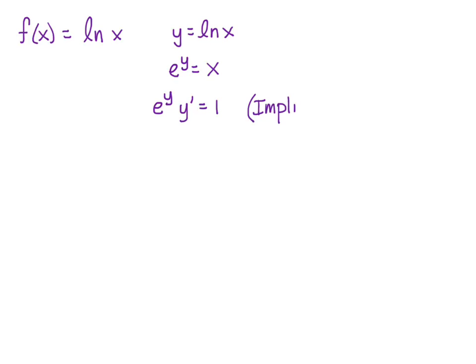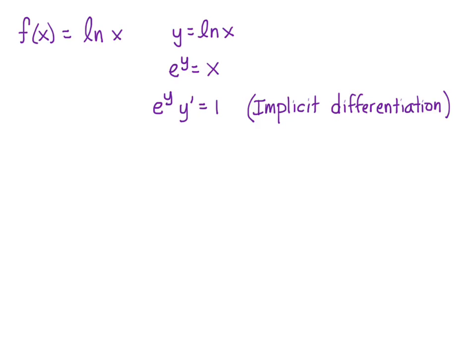Now, if I want to take the derivative of this, remember implicit differentiation? That's where I take the derivative with respect to x in a statement that includes y. So the derivative of e to the y is going to be e to the y, and then by chain rule, y prime, right? And then the derivative of x is 1.